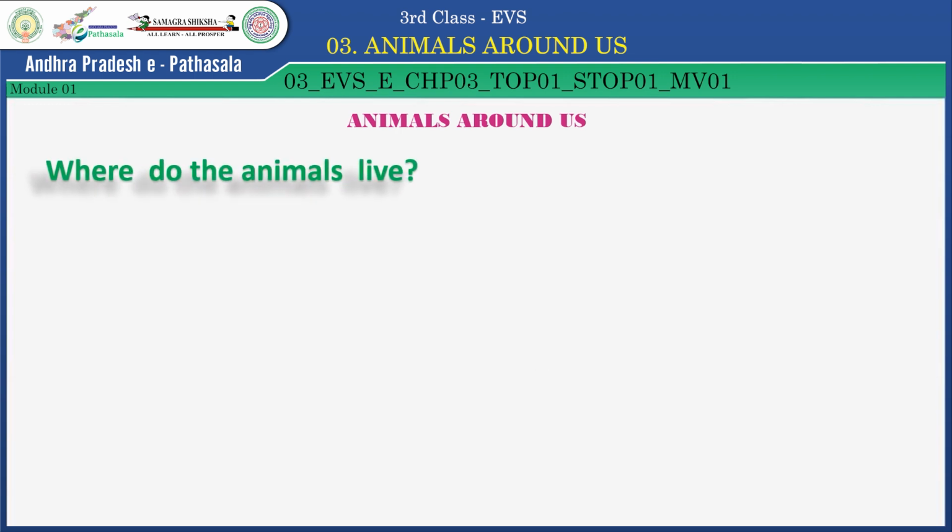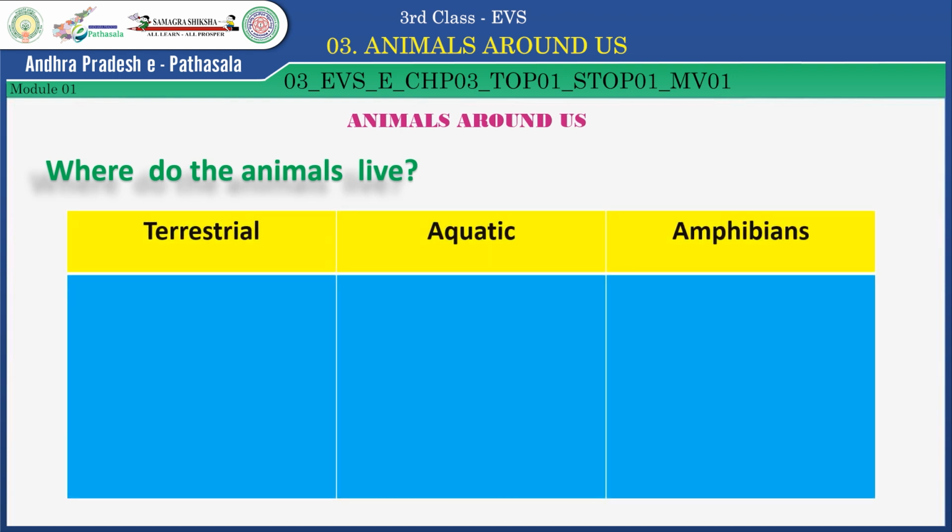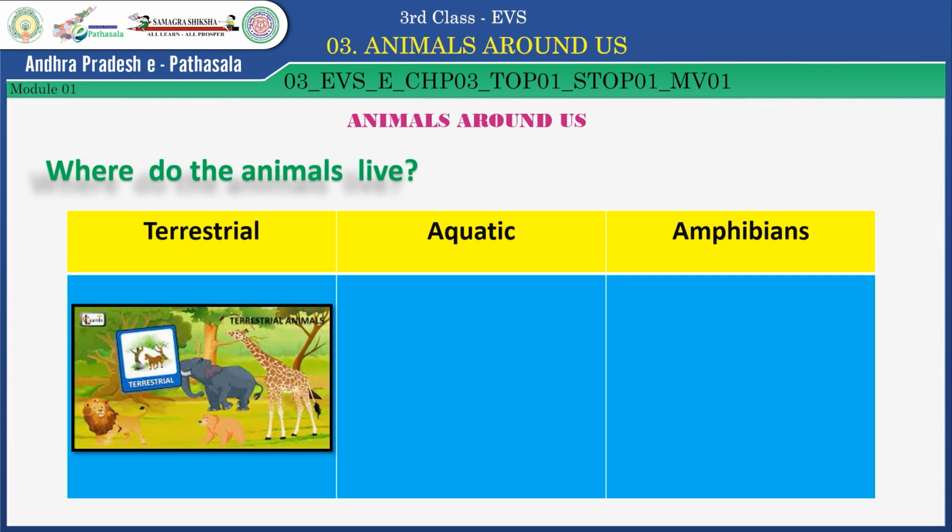As I said earlier, animals can also be classified based on the places they live. The animals that live on land are called terrestrial animals. For example, elephant, giraffe, lion, bear.